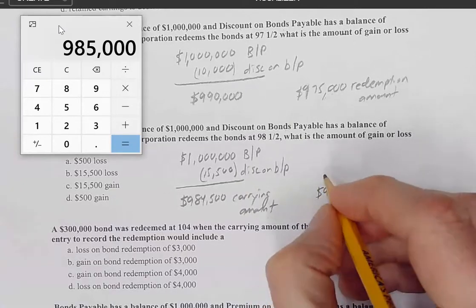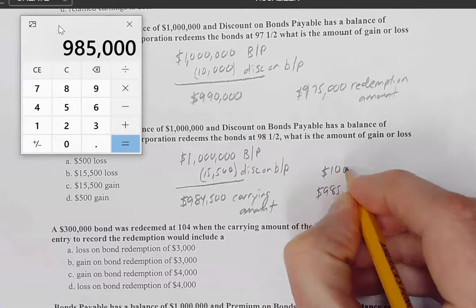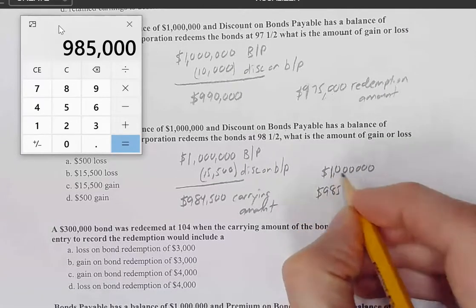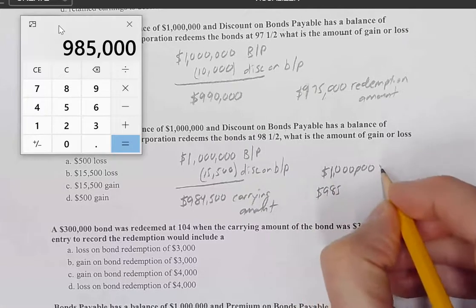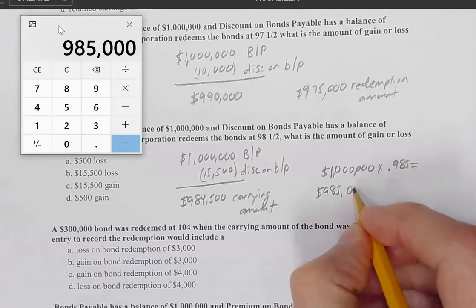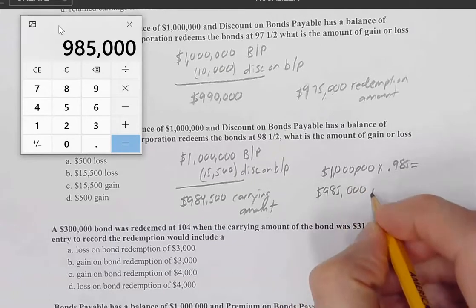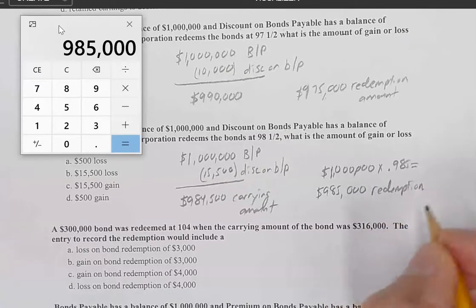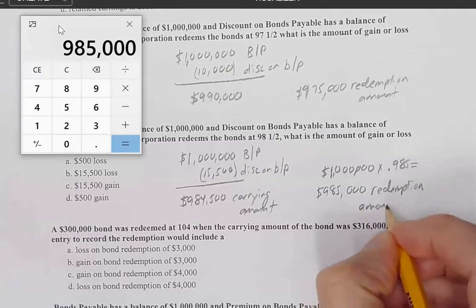I'm just going to draw this out real quick. 1 million times 0.985 equals $985,000, and we again call this the redemption amount. Okay?